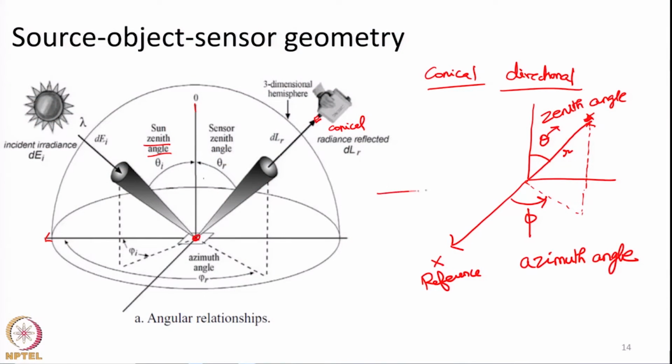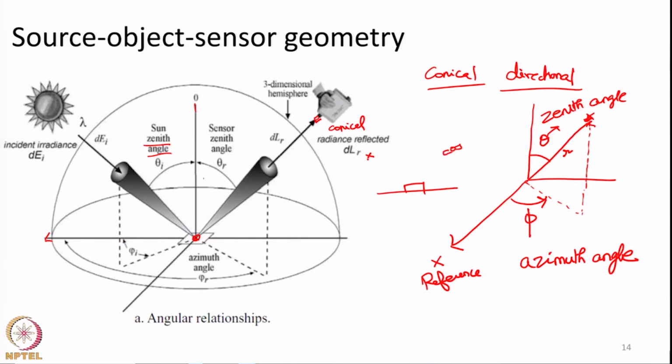Similarly, the sun's energy, the incoming radiation and the outgoing radiation can have several directions. Let us imagine a land surface. Let us assume the sun is here, the sensor is here.